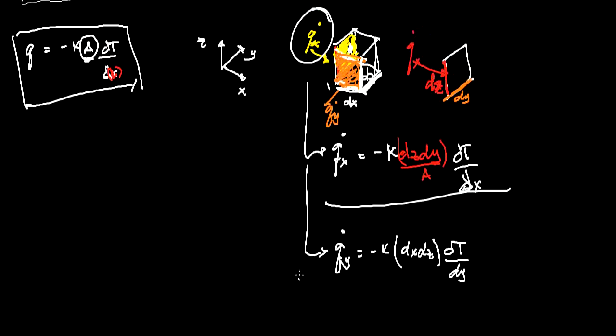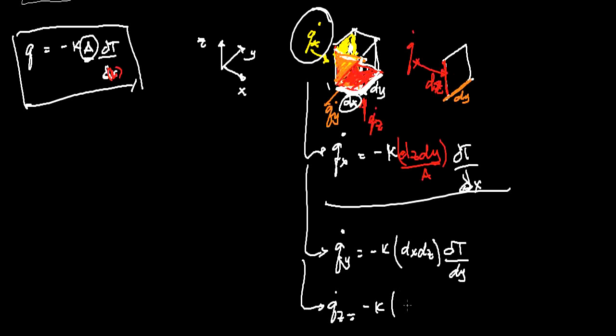And for z, we have negative k, and then our A is this area. So our Qz, our A is this part which is dy, and this part which is dx.